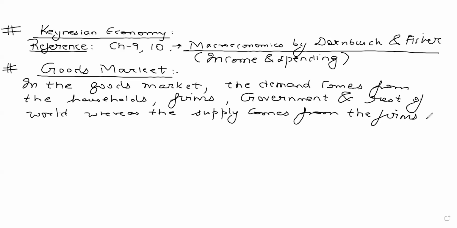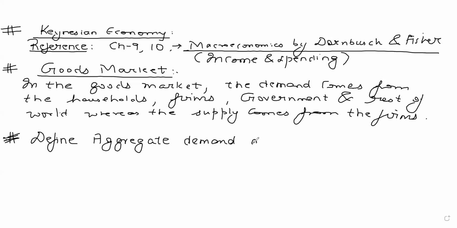So when we talk about the goods market, essentially the demand is coming from the households. I'm writing a very standard macroeconomic equation for aggregate demand. I can define aggregate demand as AD is equal to: demand is coming from households in the form of consumption.